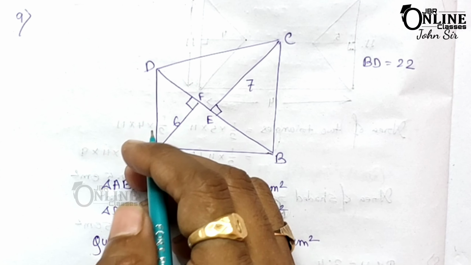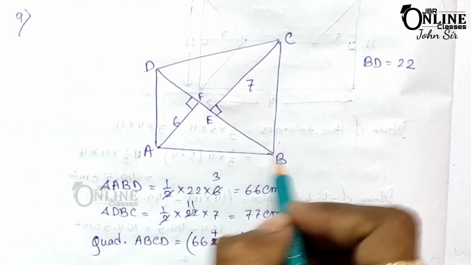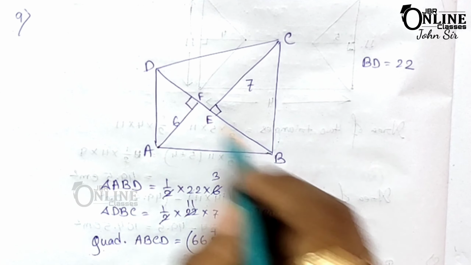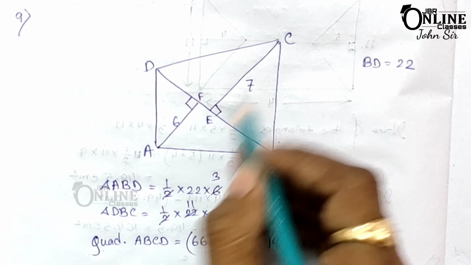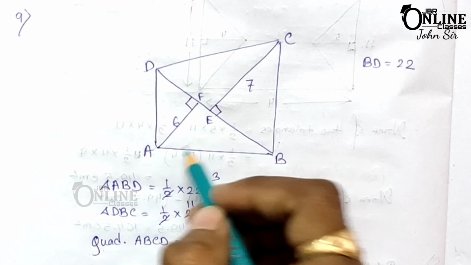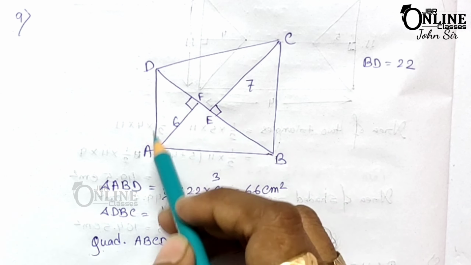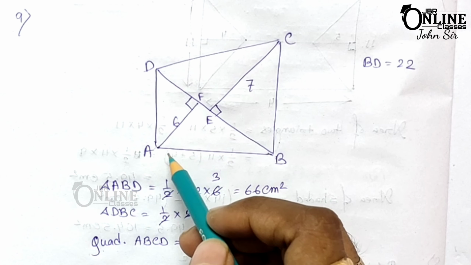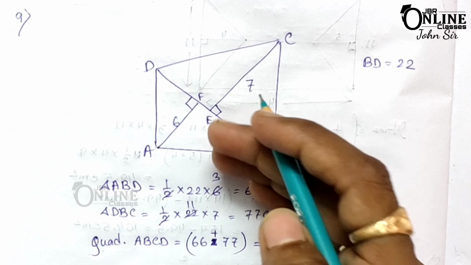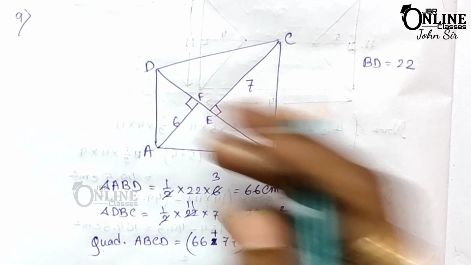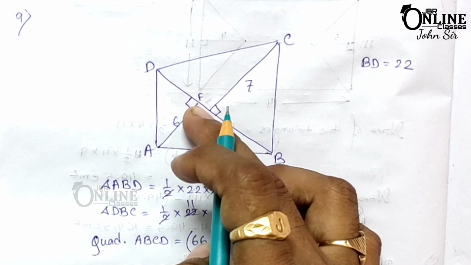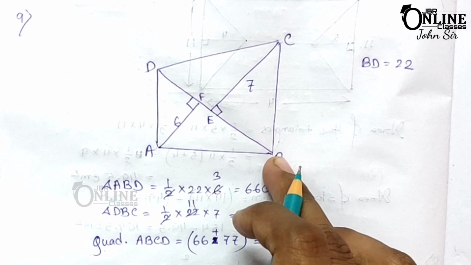Sum number 9. Find the area of a quadrilateral ABCD where BD equals 22, CE equals 7 and AE equals 6. So here ABCD is a quadrilateral and BD divides this quadrilateral into two different triangles. In the upper triangle BDC, height equals 7, base equals 22.